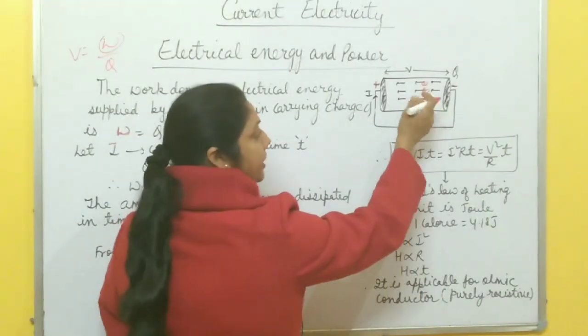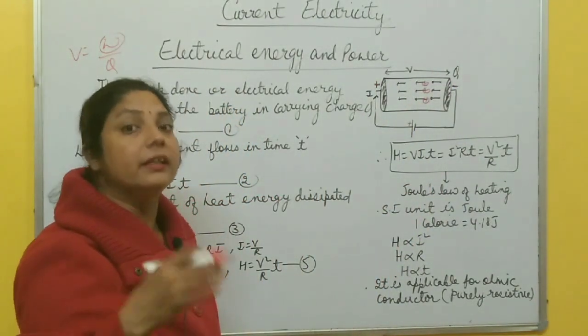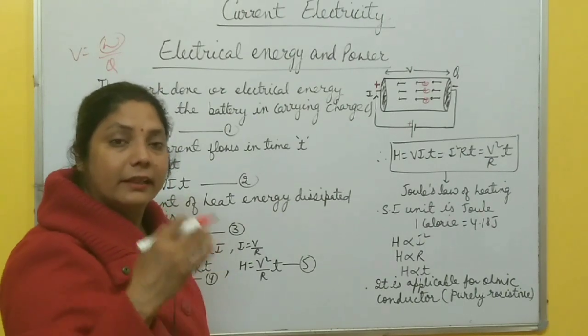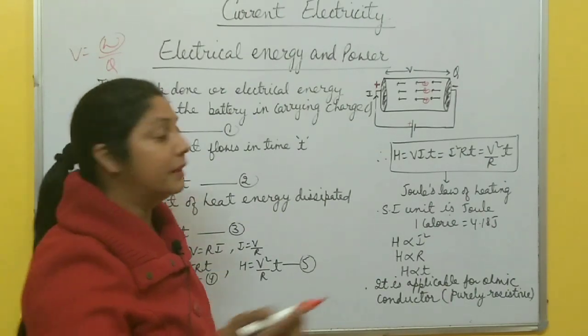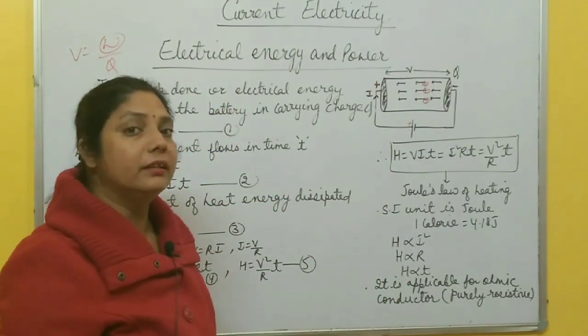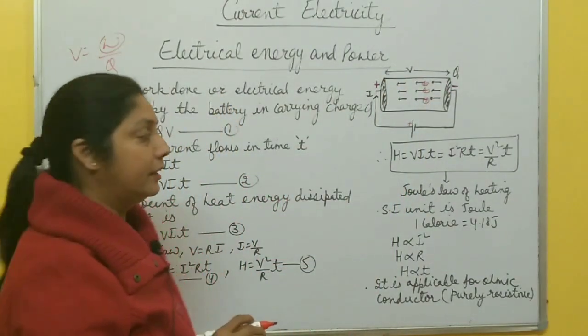During their motion, the temperature surrounding the conductor increases and heat energy is produced. That heat energy is nothing but the electrical energy supplied by the battery, or the work done by the battery in moving a charge from one end to another.